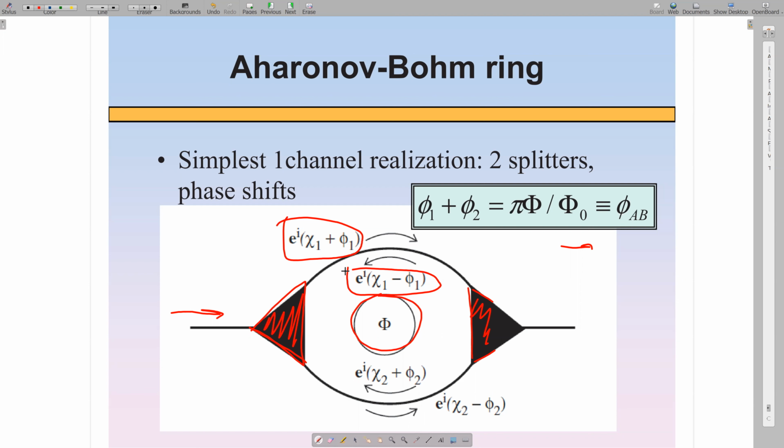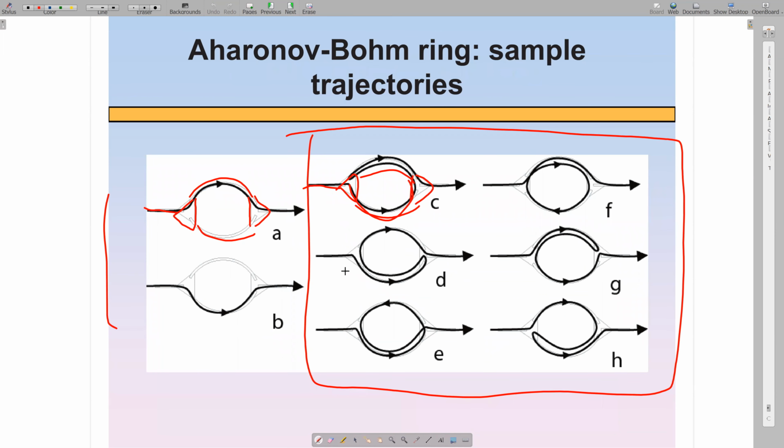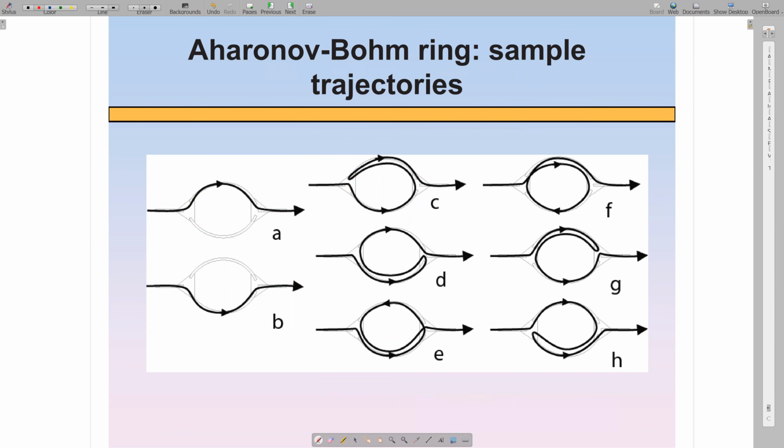Again, I want to look at separate trajectories first and then sum them up. It's not convenient to do it analytically. I wouldn't present the full calculation, but let me choose some sample trajectories and discuss interference between them.